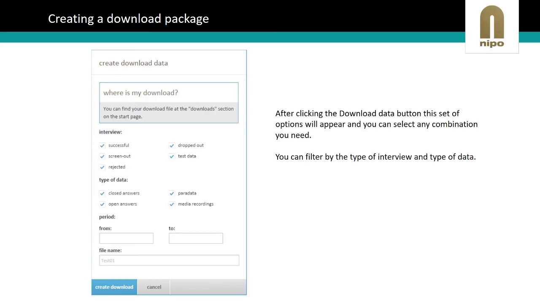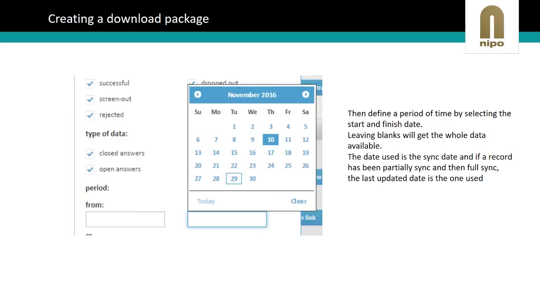Next is the period. You can define the period when you click in the form field, and you will be shown this place to select the date. Remember that you can define a date in the from and in the to, or if you leave it blank, the whole information from all the projects will be downloaded.